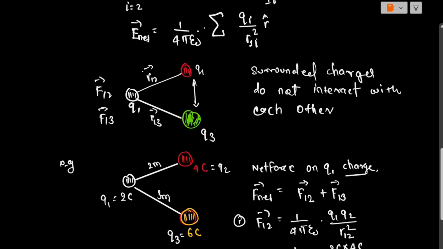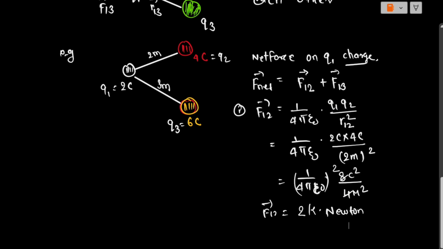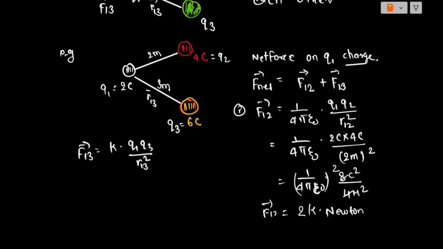Now if we calculate the second force, which means the first charge due to the third charge, F13 is equal to k q1 q3 over r13 squared. So r13 is the distance between q1 and q3. So F13 would be equal to k into 2 coulomb into 6 coulomb over 3 meter squared.